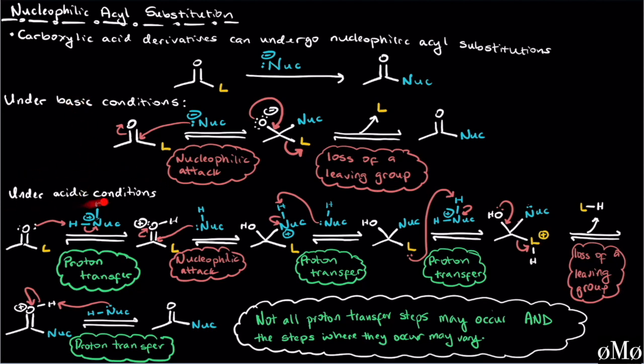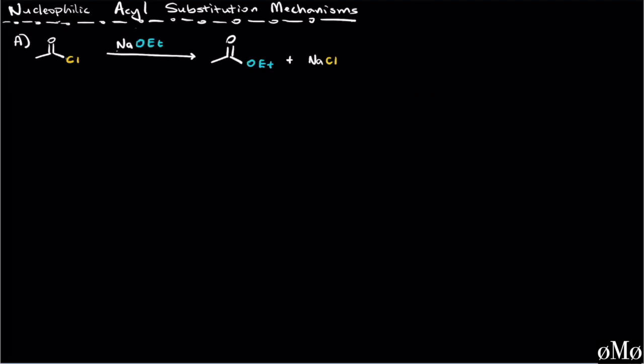And then you will get to the very acidic mechanism where you have not so reactive electrophiles and also not so reactive nucleophiles. Okay, so here's an example of a nucleophilic acyl substitution reaction, and we're tasked to think about what the most likely mechanism for this reaction would be, or at the very least, a reasonable mechanism.